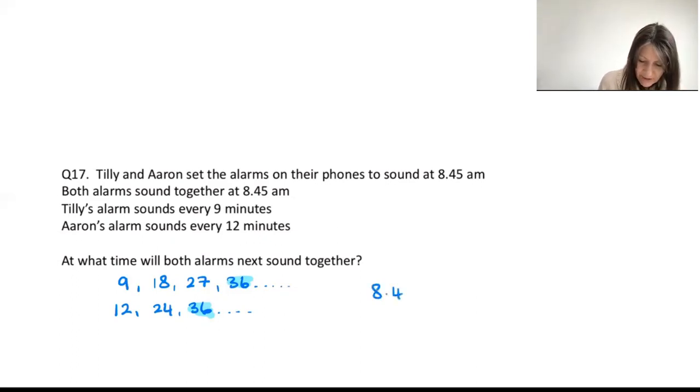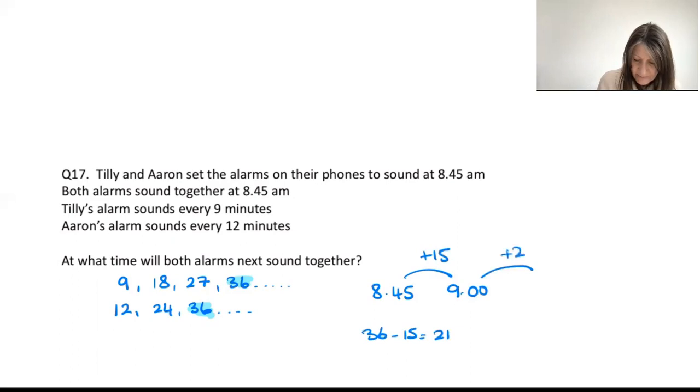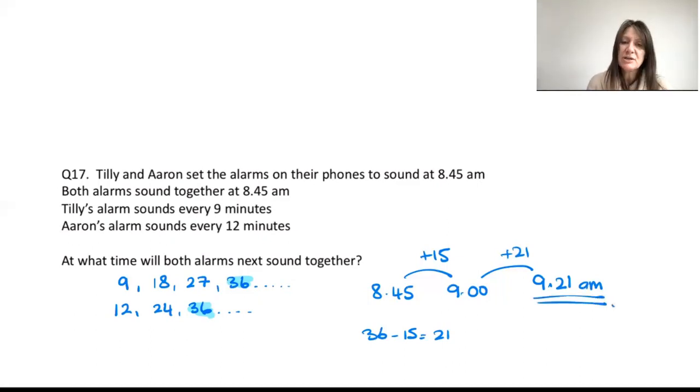So it's 8:45. If I add 15 minutes, that will take me to 9. So I had 36, I've used 15, I've got 21 left. And when I add that 21 minutes, I get to 9:21. So 9:21, remember your AM, we're not using 24-hour clock here. So we want that AM shown as well.